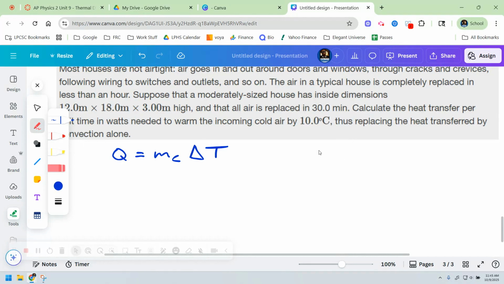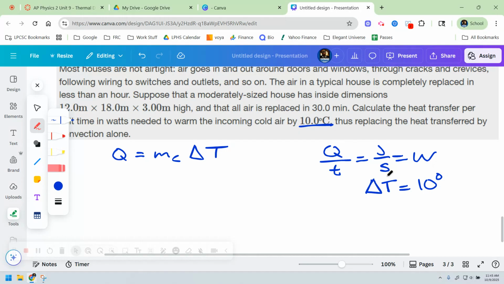And then also, because they're asking us to give them an answer in watts, that means we're going to need joules per second, or in this particular case, heat per time. 1 joule per second is a watt. And because the temperature change is 10 degrees, I know that delta T is equal to 10 degrees. And so what else do we need? Specific heat.